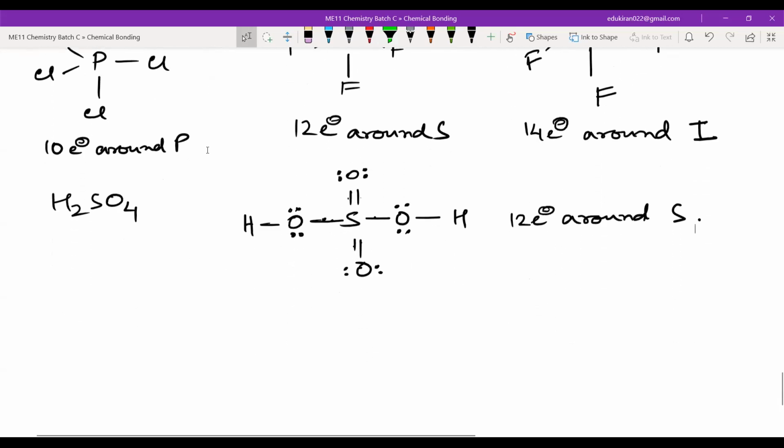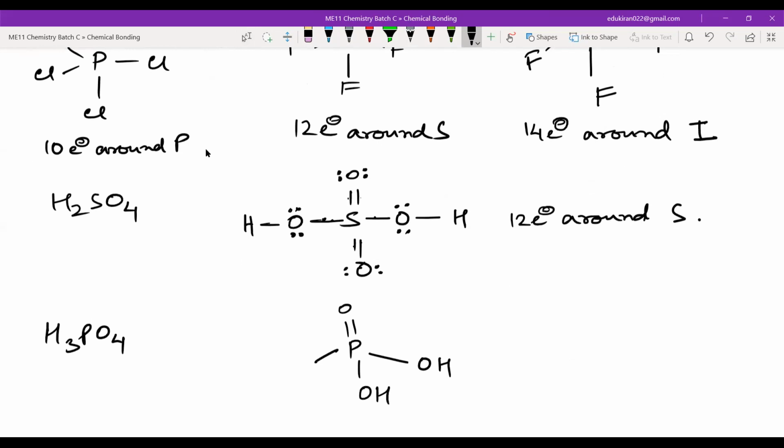Done, sir. Write one more example: H3PO4, phosphoric acid. Now here you will have phosphorus with a double bond oxygen. Then how many do we have? 3 oxygens, all left, and 3 hydrogens, right?